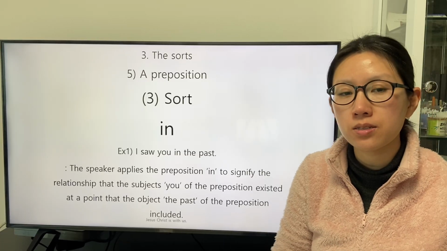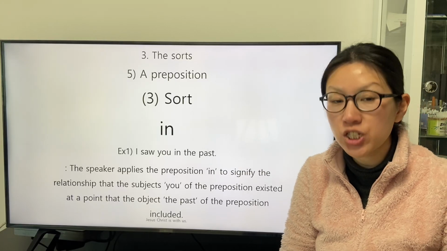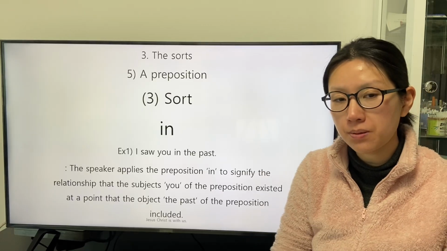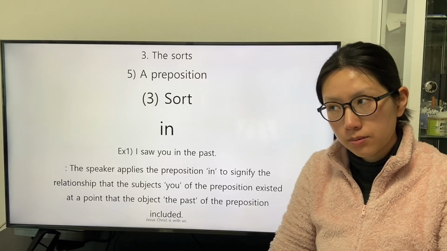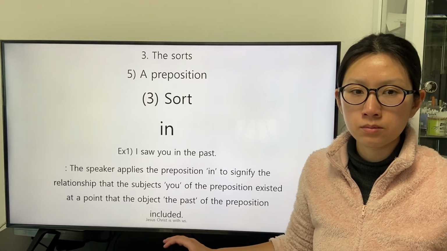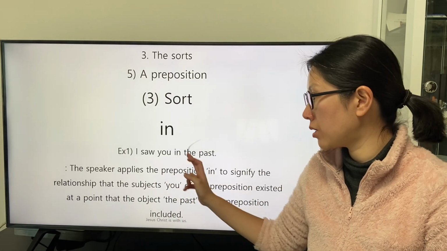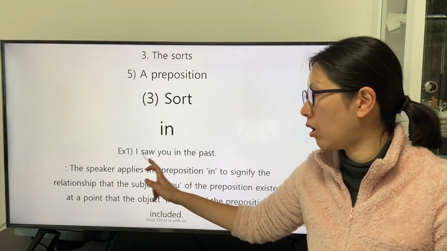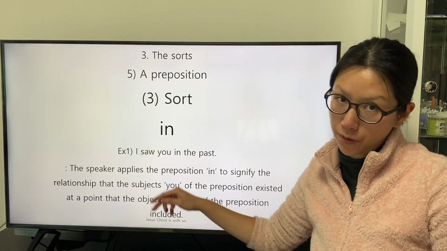The speaker applies the preposition in to signify the relationship that the subject of the preposition existed at a point that the object, the past, included. The object of the preposition, the past, occurred with the past tense revealed by the form of the transitive verb saw.